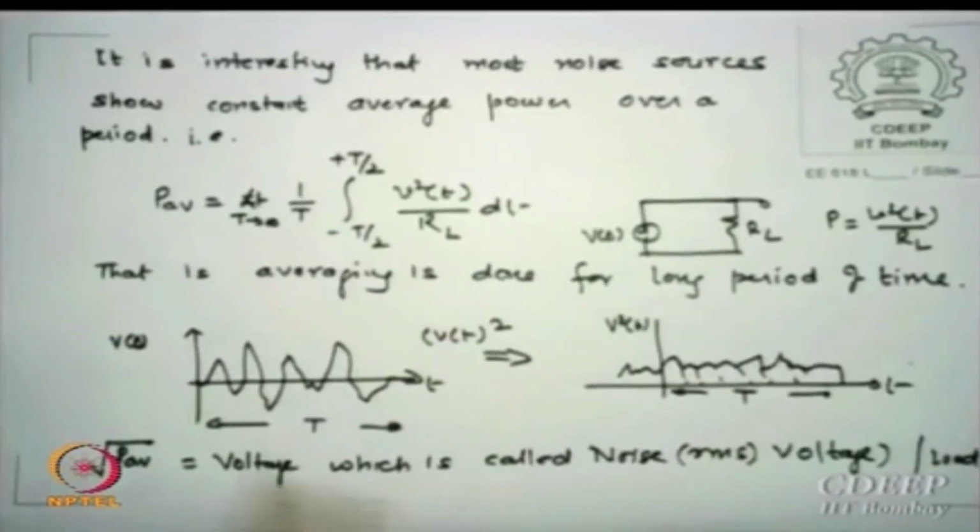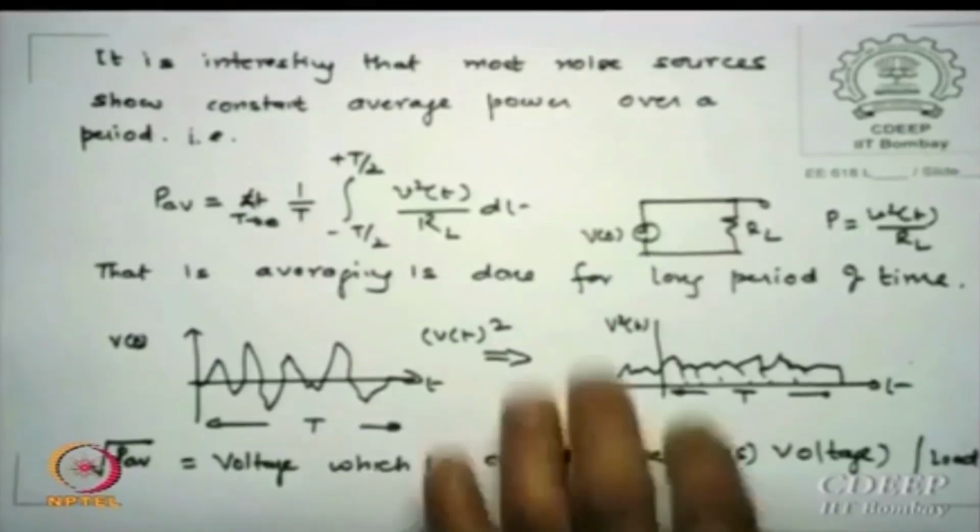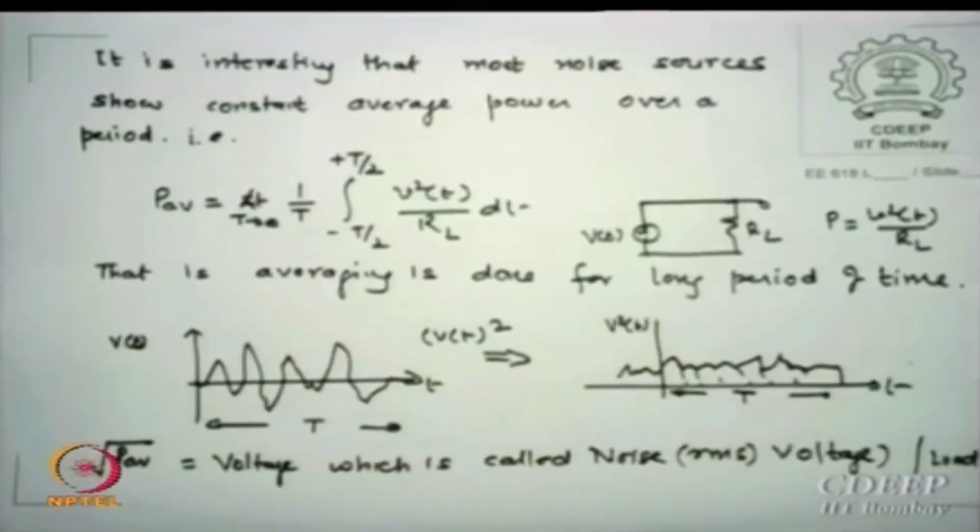For example, if this is your function and you take a square of that, it will look something like this, and you can see there is some average value I can get. As soon as I square it, I get values which are reasonable, and then I can get some average value, which is the V square averaging.